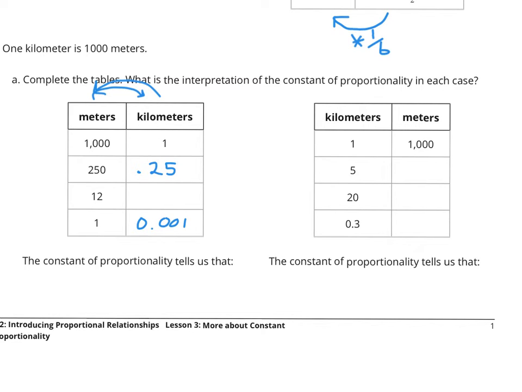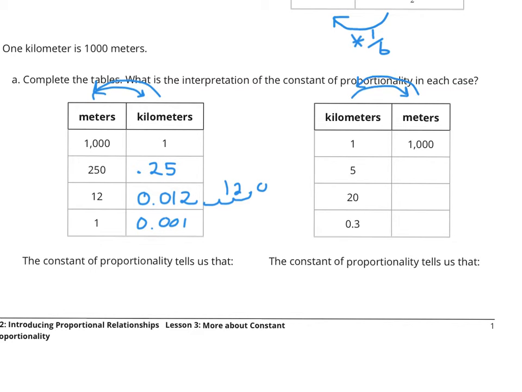Remember how I multiply by a decimal, or divide by 1,000. 12.0 divided by 1,000, I would move that decimal tenths, hundredths, thousandths places, would be 0.012.